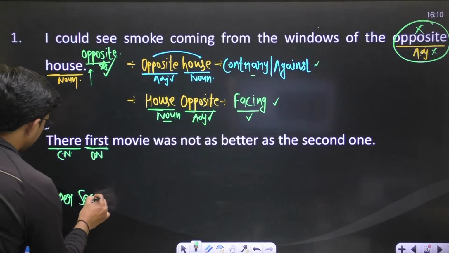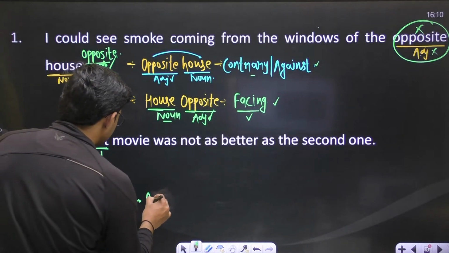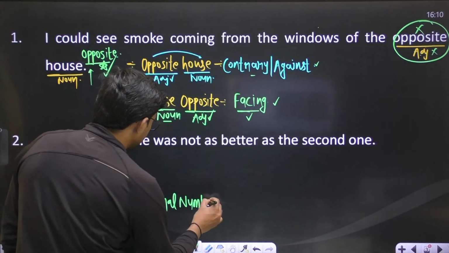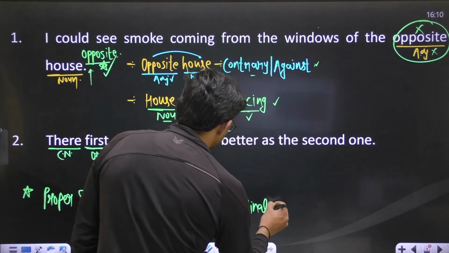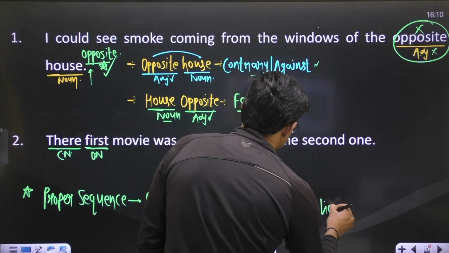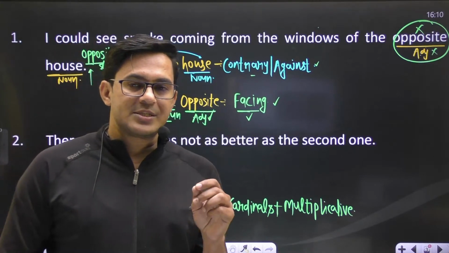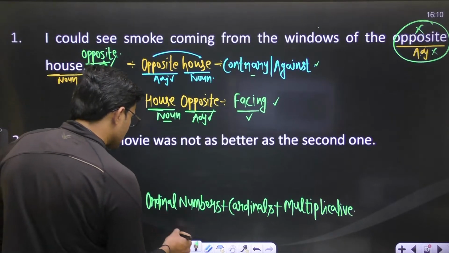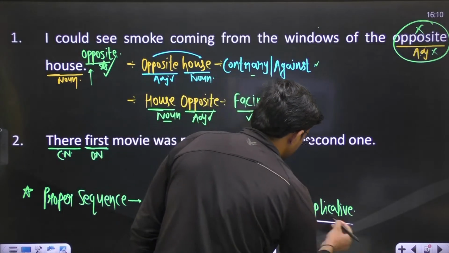Initially we use ordinals, after ordinals come cardinals, and in the last we use multiplicatives. Whenever you talk about the sequence of numeral adjectives, initially you use ordinal numbers, after that cardinals, and in the last multiplicatives.